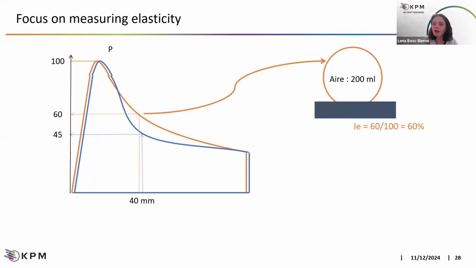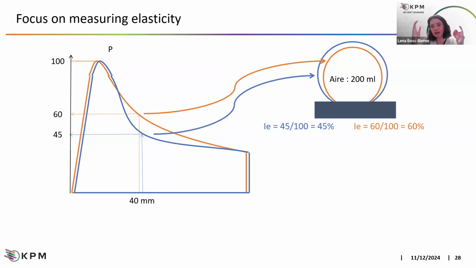So if we lose more rapidly the pressure, that means that the dough is trying to resist less to the deformation, is trying less to come back to its initial position. And so that means that at this moment, the bubble is bigger and resists less. So the pressure is lower. That's completely logical. And we have a lower elasticity index.